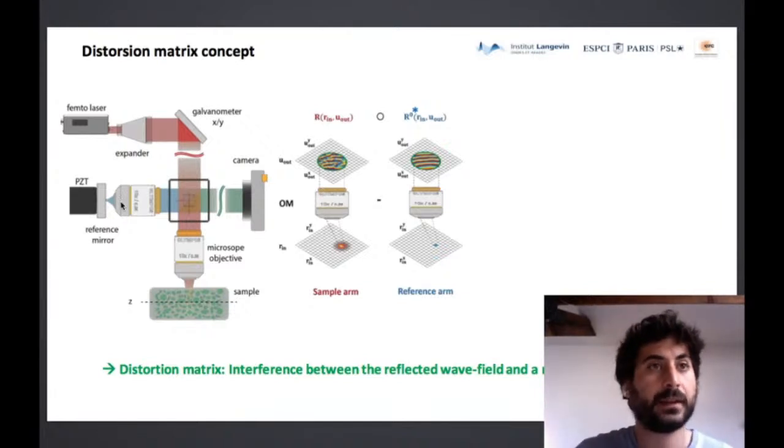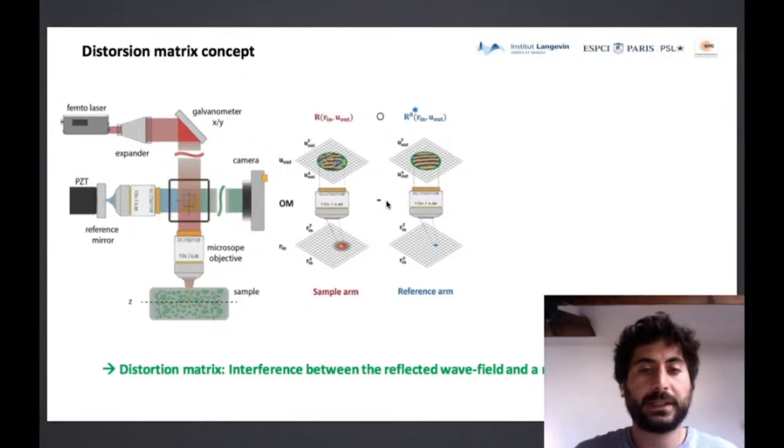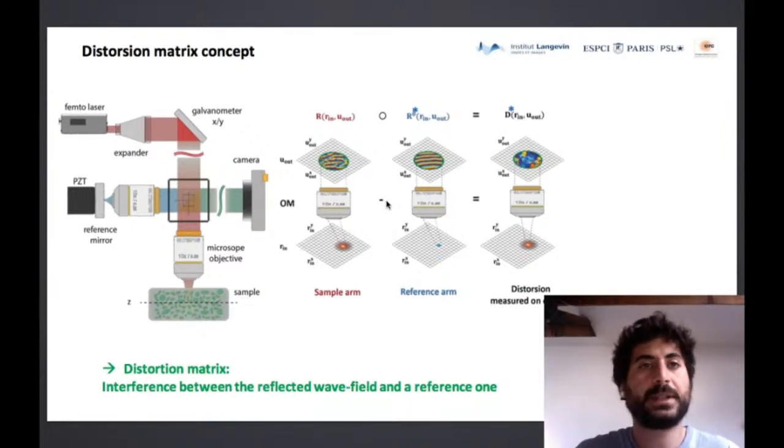So here we add a reference arm that mimics exactly the propagation of the sample arm, but without any aberration. So what we measure, by interference, is exactly the phase difference between these two arms. So by interference, we measure only the distortion of the backscattered wavefront from the sample.